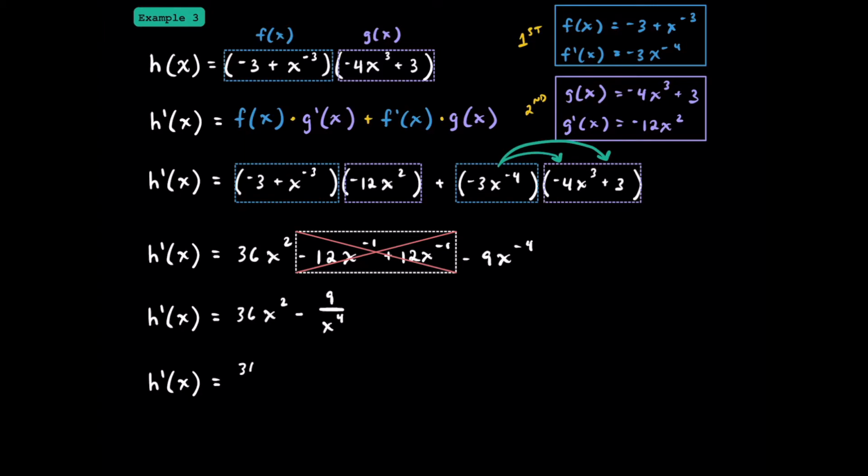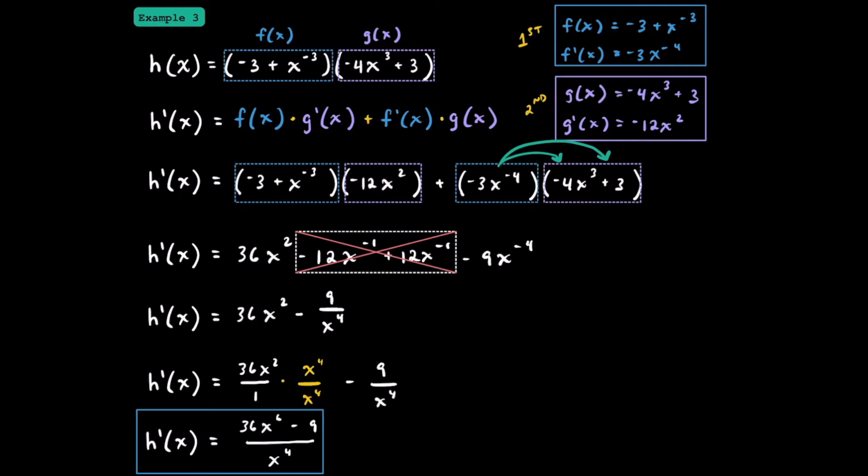To rewrite this whole thing as one fraction, we could take this 36x squared and multiply it by x to the fourth power over x to the fourth power. In doing so, we'll get an LCD of x to the fourth power. We're going to get 36x to the sixth power minus 9 all over x to the fourth power. This is our derivative of h of x.